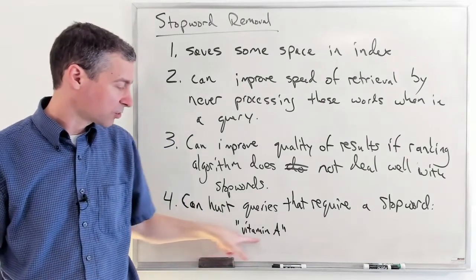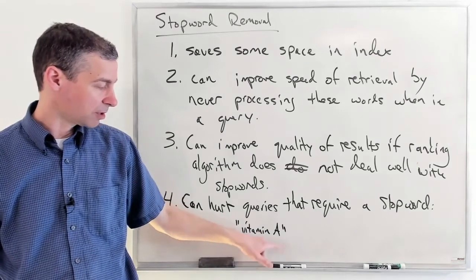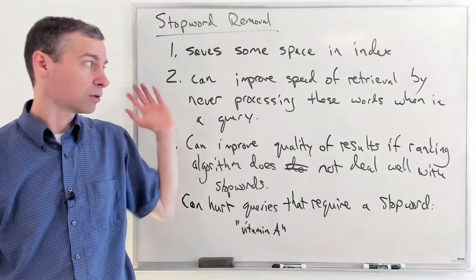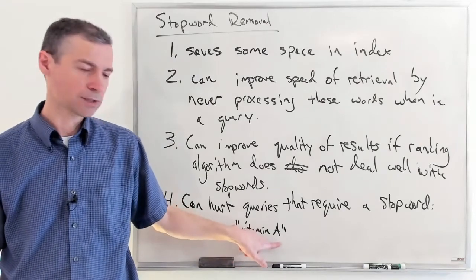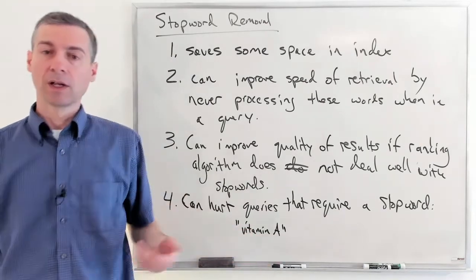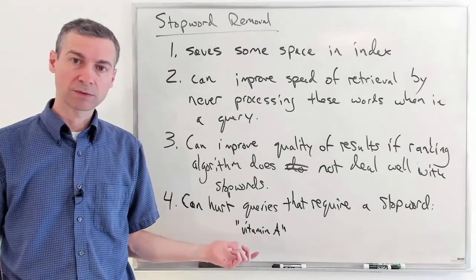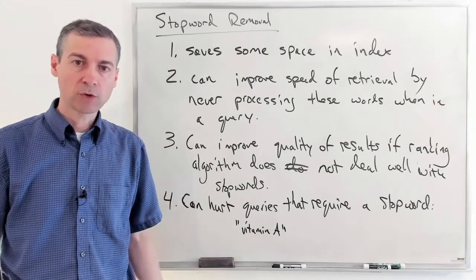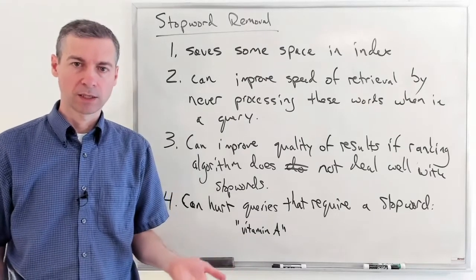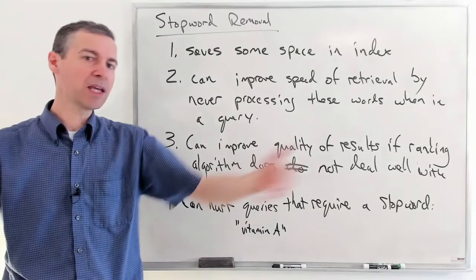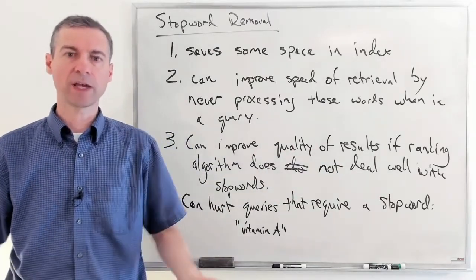So if we take this query, we tokenize it, we end up with the word "vitamin", the letter A. We go, oh, time to remove stop words. Is "vitamin" a stop word? No. Is "A" a stop word? Yes. We throw it out. So now all we're left with is the word "vitamin". And now the poor user who's trying to find information about vitamin A is forced to wade through all the documents that only mention vitamin.